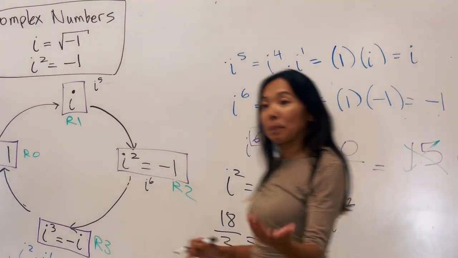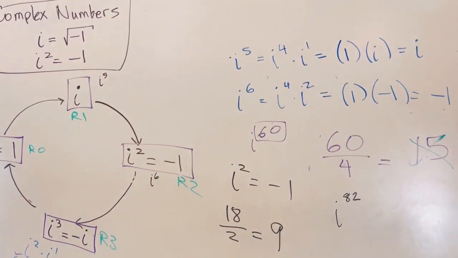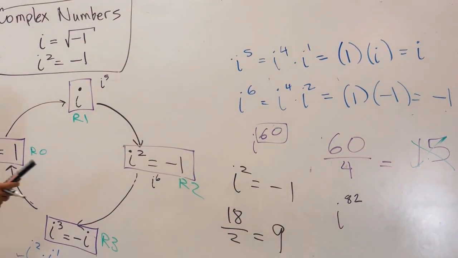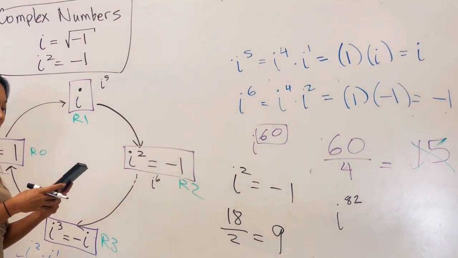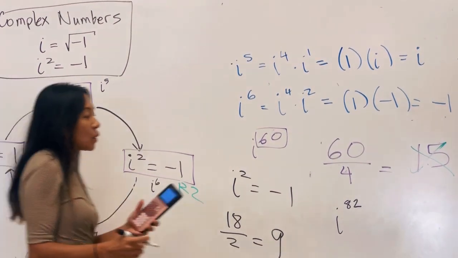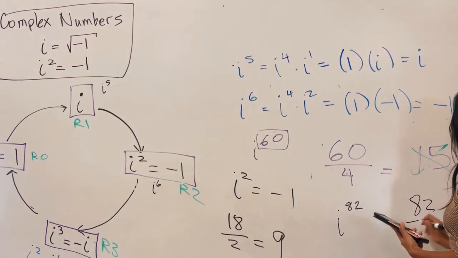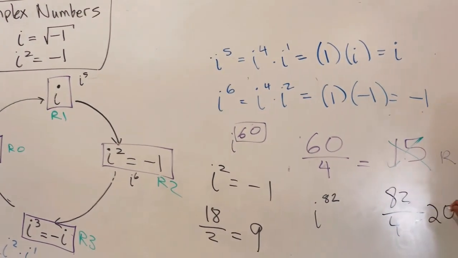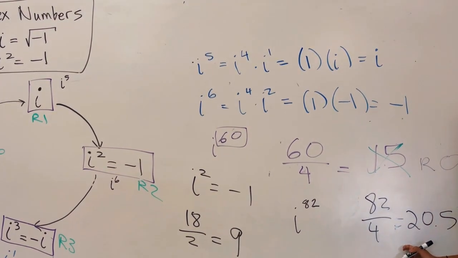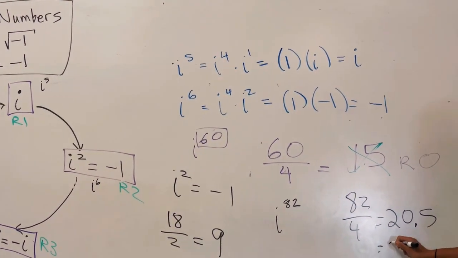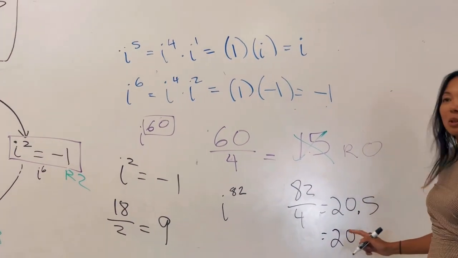I know you said if I plug it into my calculator, I get a decimal number. So Daryl, your way says negative 1, right? If you do 82 divided by 4, you get 20.5. You're like, well, what's the remainder? I want to change this to 20 remainder 1, 2, or 3.